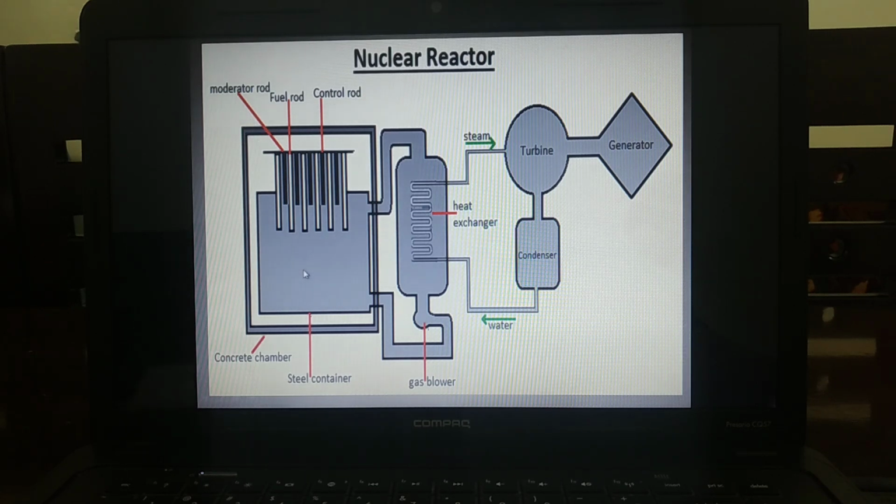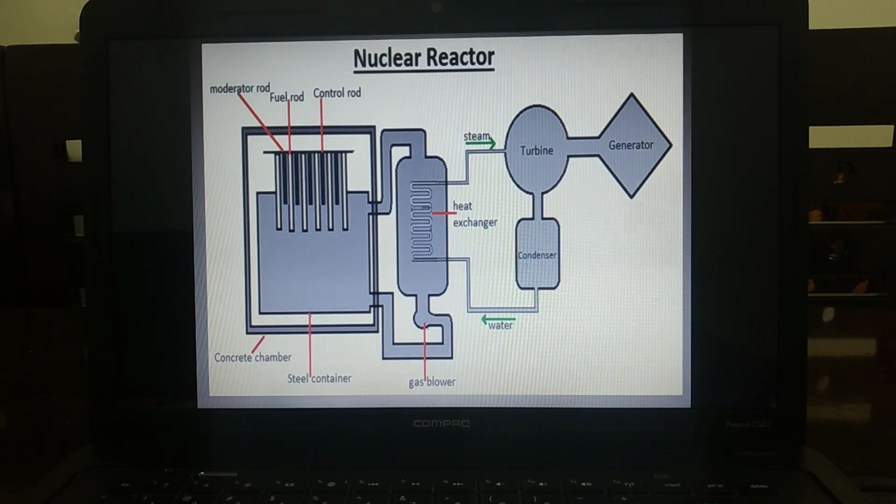Coolant. The coolant removes the intense heat produced in the reactor and brings it out for utilization. It cools the fuel core. Then pressure vessels. The pressure vessel encloses the core and the reflector.